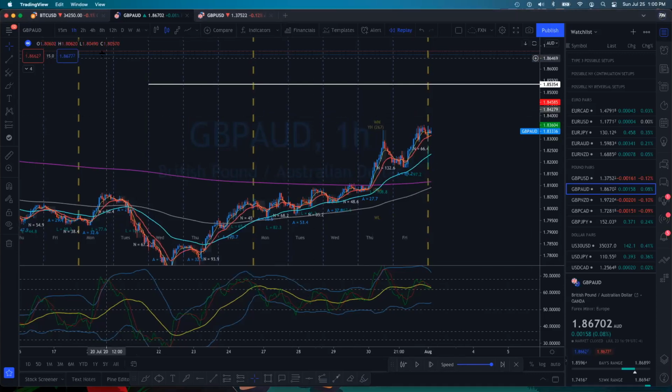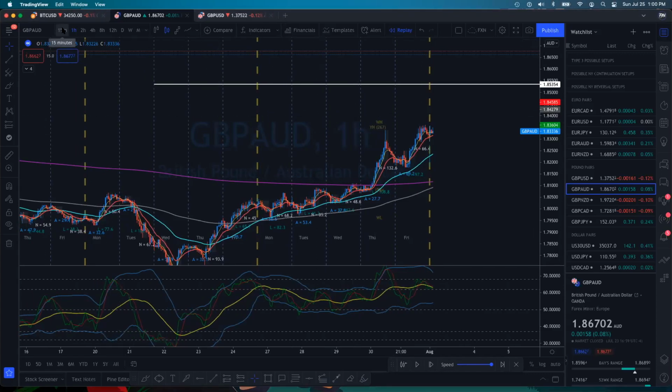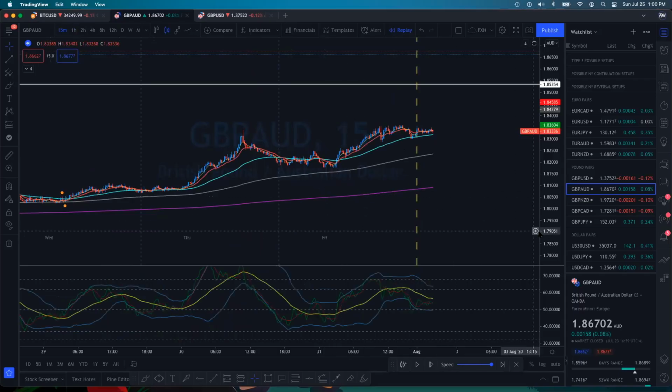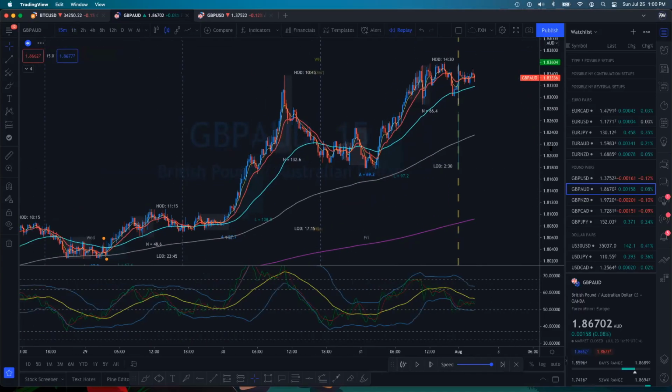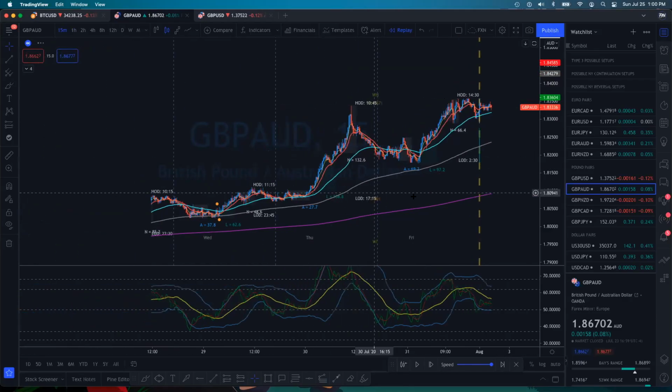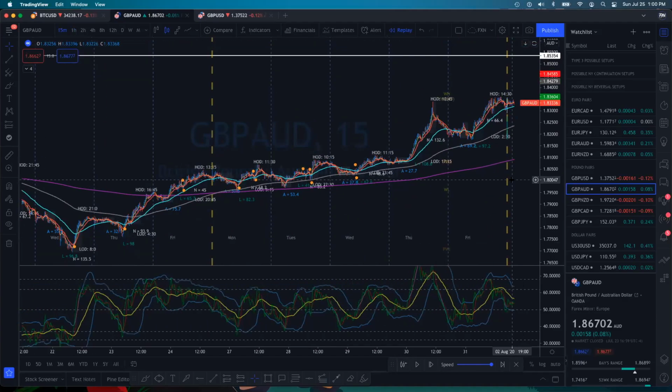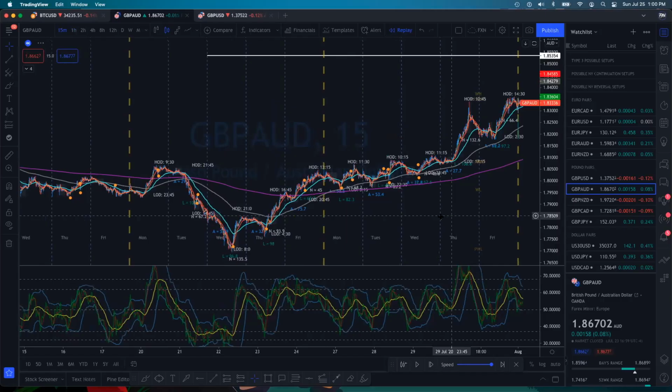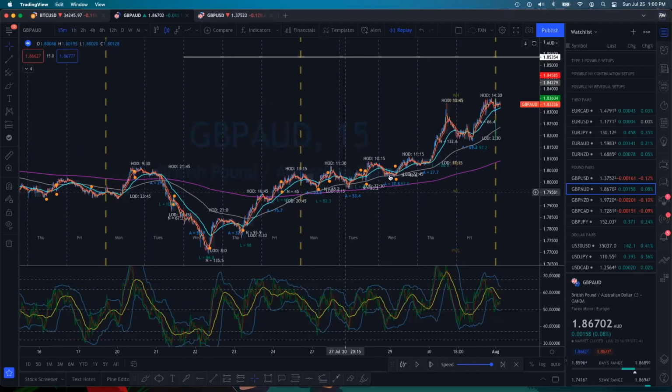So let's go up to the 15-minute time frame. All right, so a couple things first. If we look at the previous week, what market weekly cycle was this?